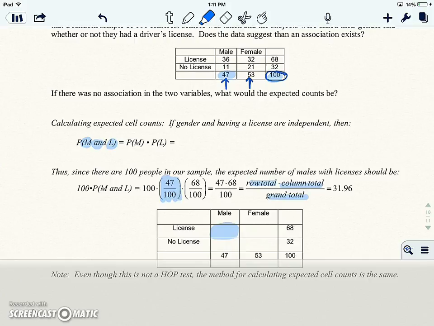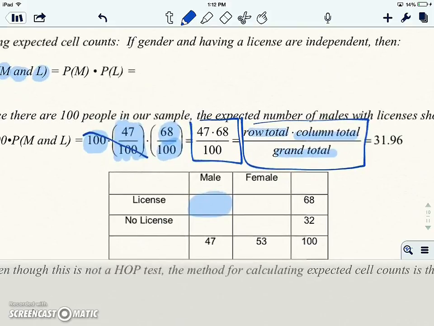Probability of being somebody that has a license, 68 out of the 100. But we don't want a percentage, we want a count, so then we would times that by the 100 people. And when this 100 and this 100 cancel out, that's our calculation, which fits our shortcut. Or in this case, 31.96.